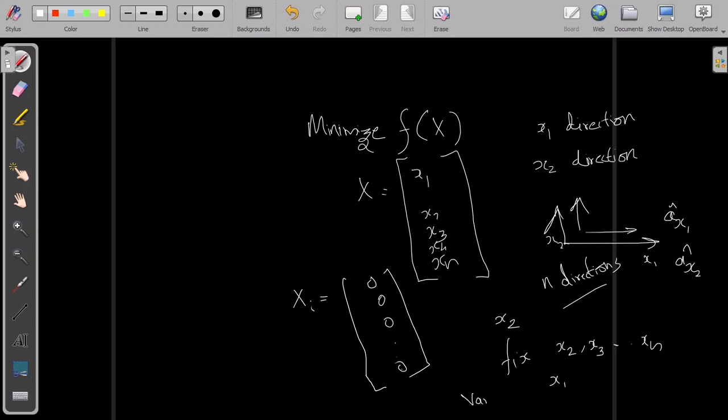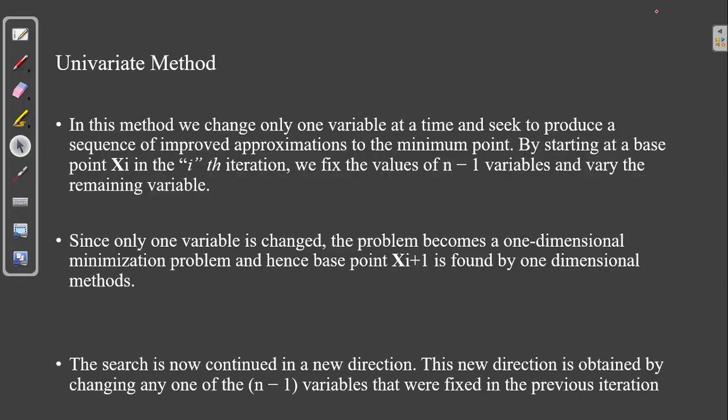So n minus 1 variables are fixed, and the remaining one variable we vary so that we get an optimum value for f of xi. That is what we do in the univariate method.